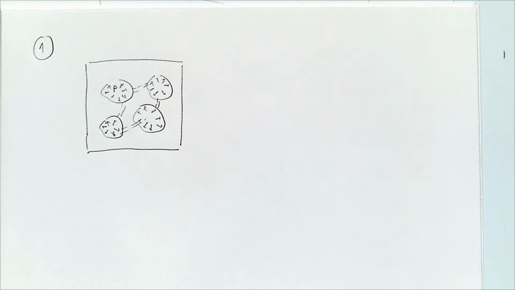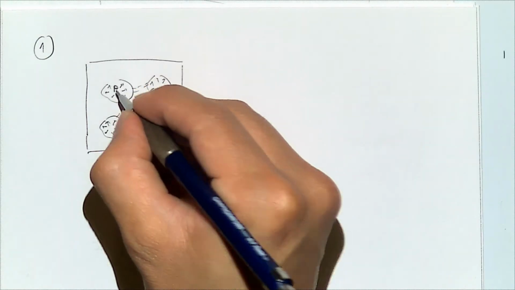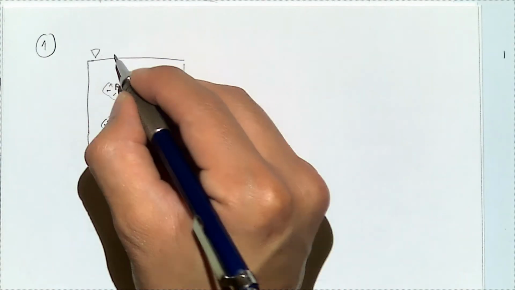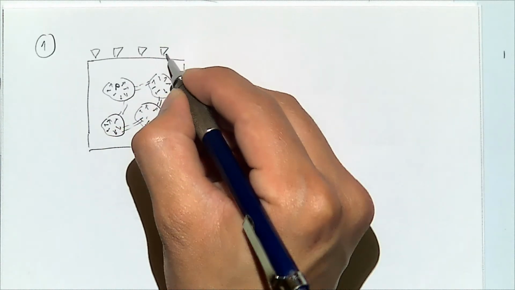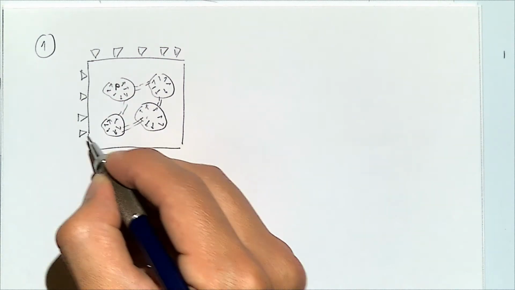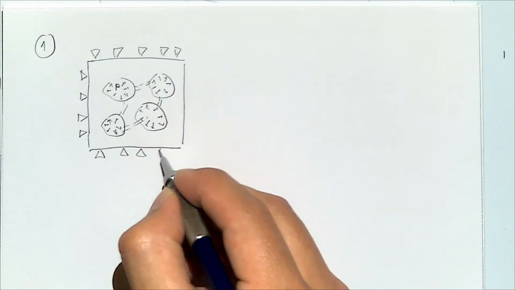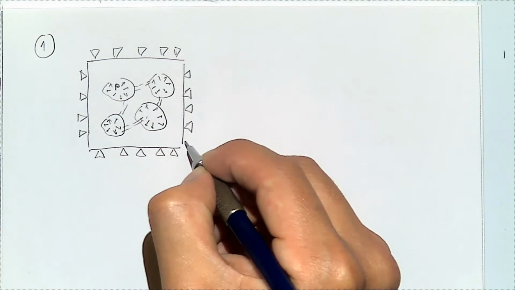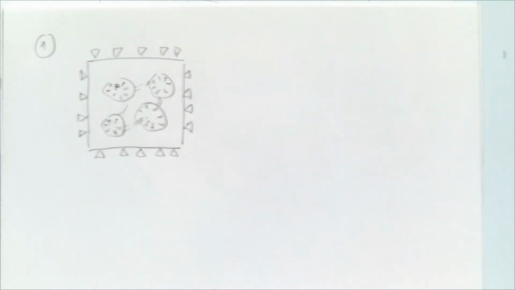Okay, then I apply pressure P, and in this thought experiment, we're not going to let the rock deform. So all these triangles mean that there is no deformation. I do not let it deform as I apply the pressure.